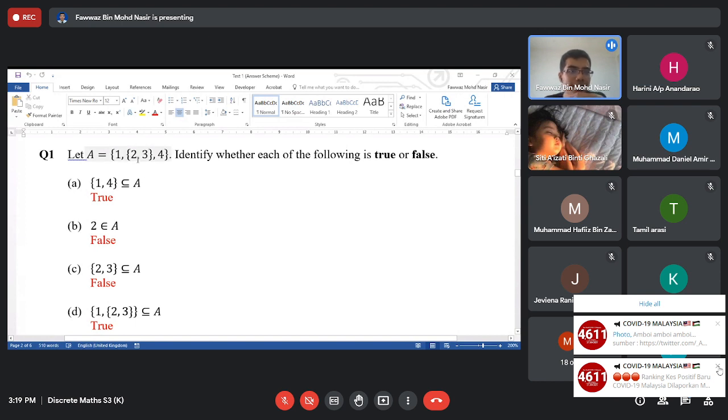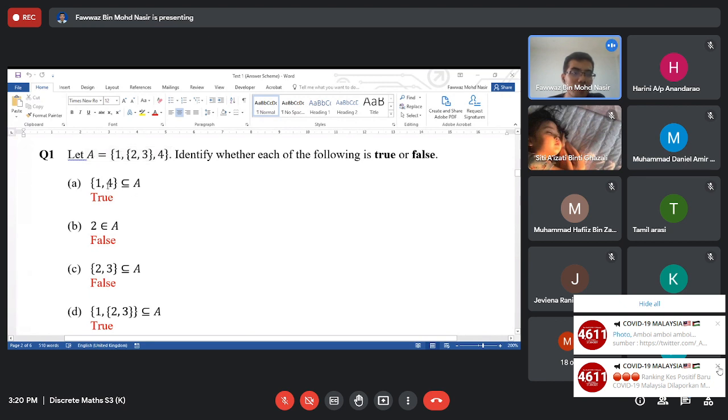Let's look at this set first. This set basically has 3 elements. We have 1 as the first element. The second element is {2, 3}, which we consider together as one element. And we have 4 as another element. So the cardinality of set A is 3.